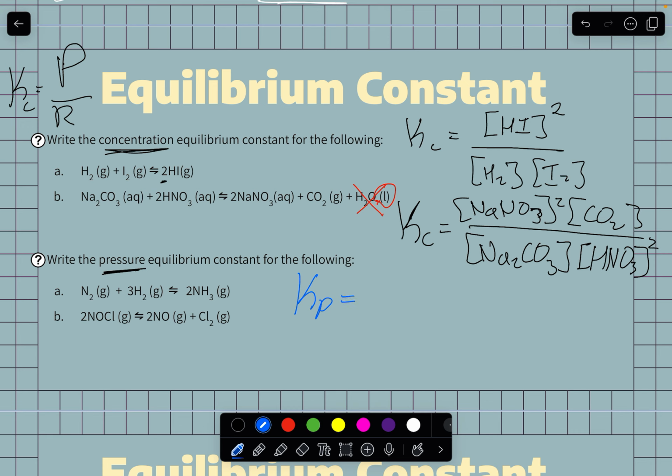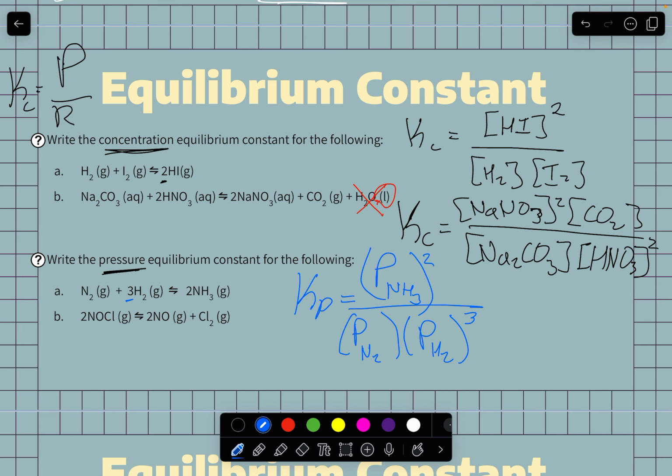is equal to our products. So we have the pressure of NH3, and this is squared, okay, divided by our pressure of N2 times our pressure of H2, and H2 has a coefficient of 3, so that's cubed.